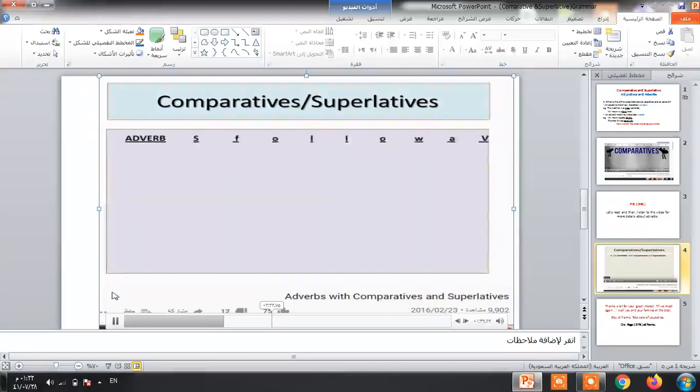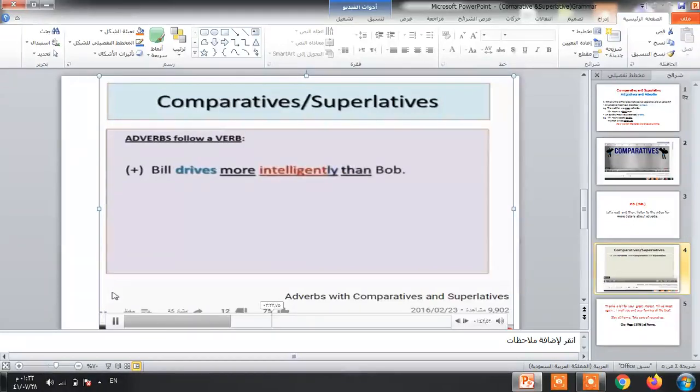Let's take a look at the form. So here we have Bill drives more intelligently than Bob, where instead of having is to give you a description, we now have the verb drives, so we must use intelligently. We can also say Bill drives more crazily than Bob.